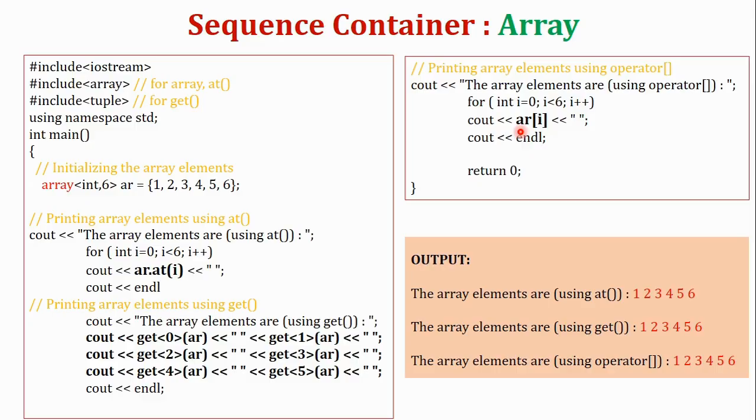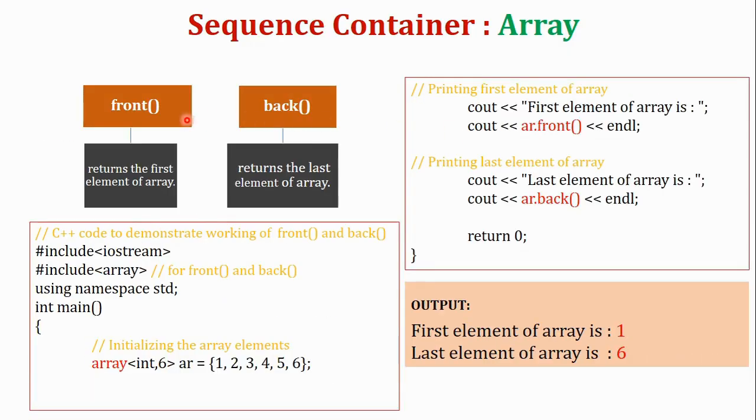For example, that is the AR, and we mention the position. So the 0th position means what? AR of 0th position is 1, then 2, 3, 4, 5, 6. It means the same values are printed using different methods: one is the at method, another is the get method, and the normal operator method here.